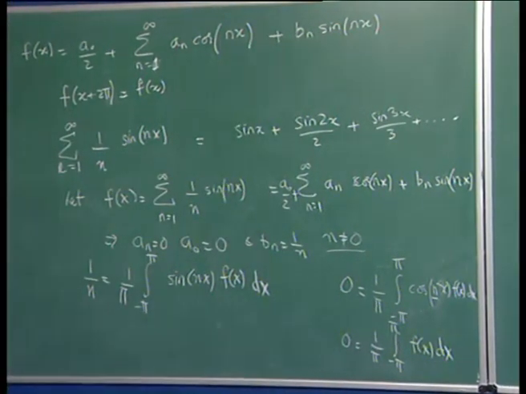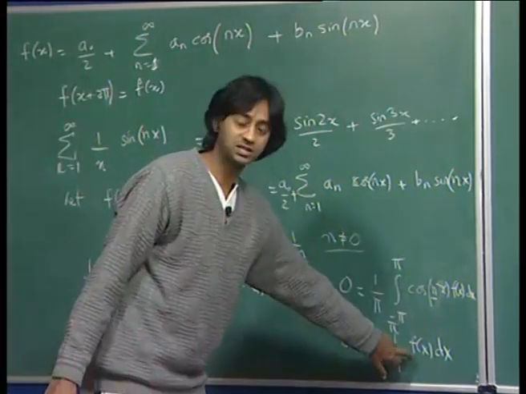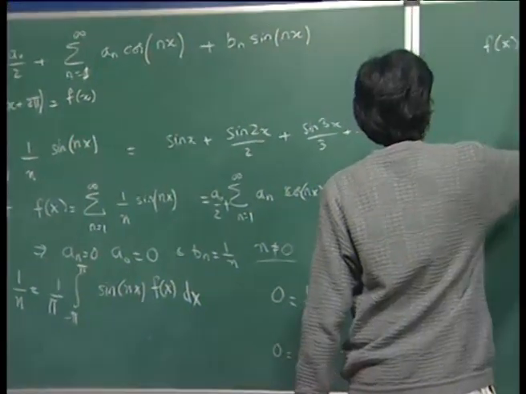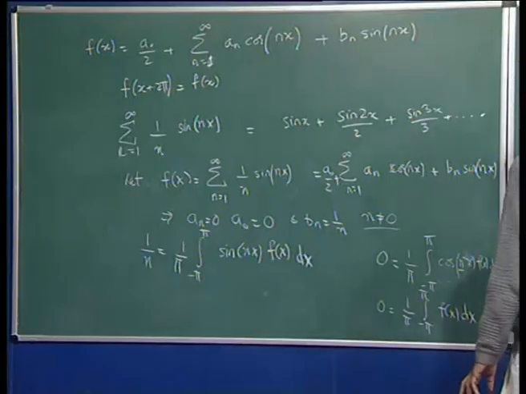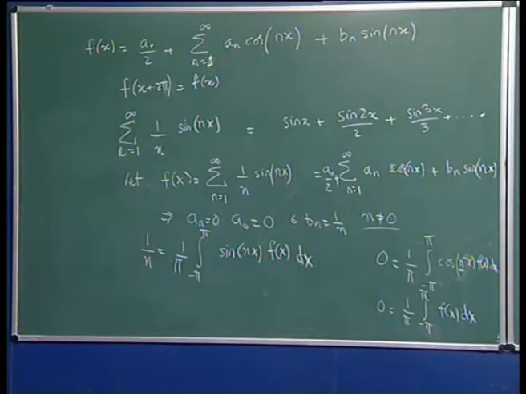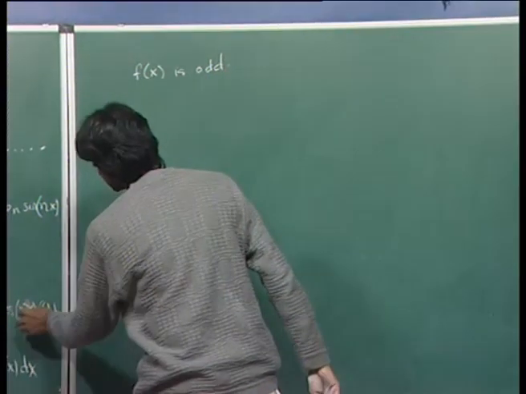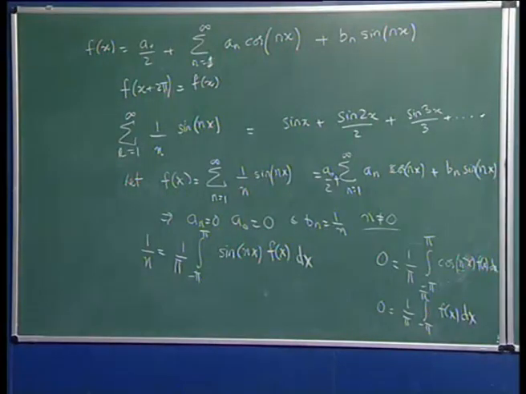Okay. So, you want a function that is, first of all, an odd function. So, this implies f(x) is odd. If it is an odd function, then automatically the integral of cosine(nx) f(x) will vanish for all positive n. It has to be odd.